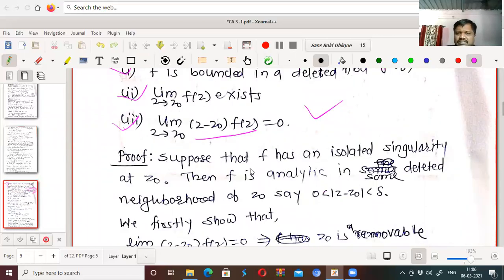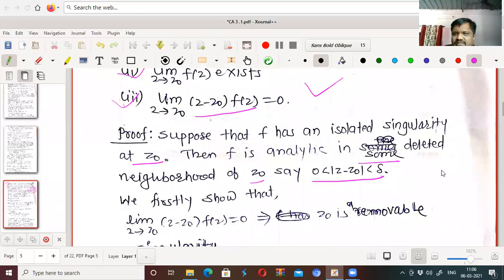Now, suppose that f has an isolated singularity at z0. So we consider an isolated singularity at z0. We know that then f is analytic in some deleted neighborhood of z0, say 0 less than mod z minus z0 less than delta. Because what is the definition of an isolated singularity?